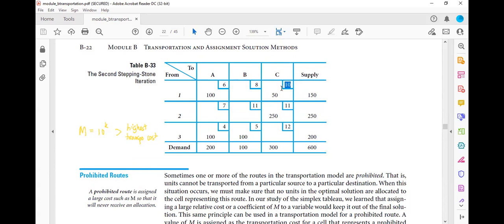What will be the value of M in this case? Oh, let's not make that as the prohibited cell. Let's just use this as the prohibited cell. O, prohibited daw to. Ayaw nila ng may laman dyan. Okay, wait lang. So, prohibited yan.